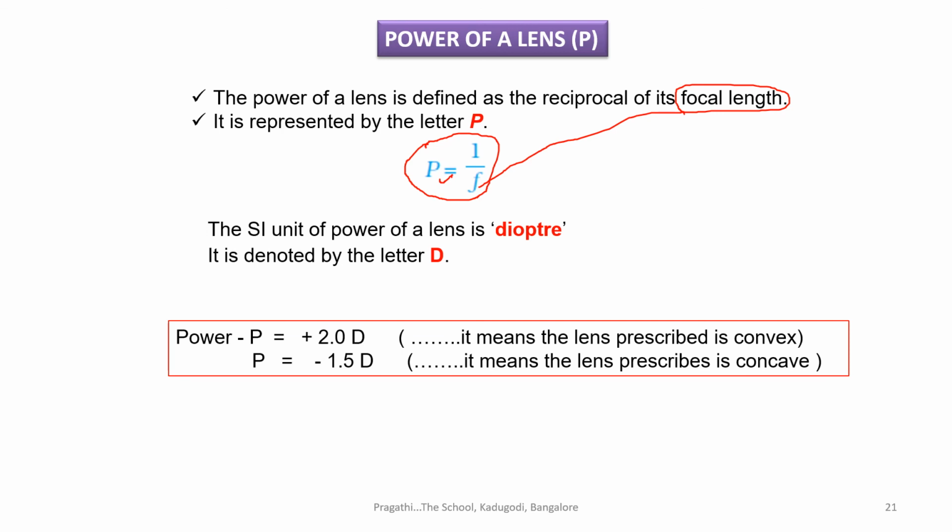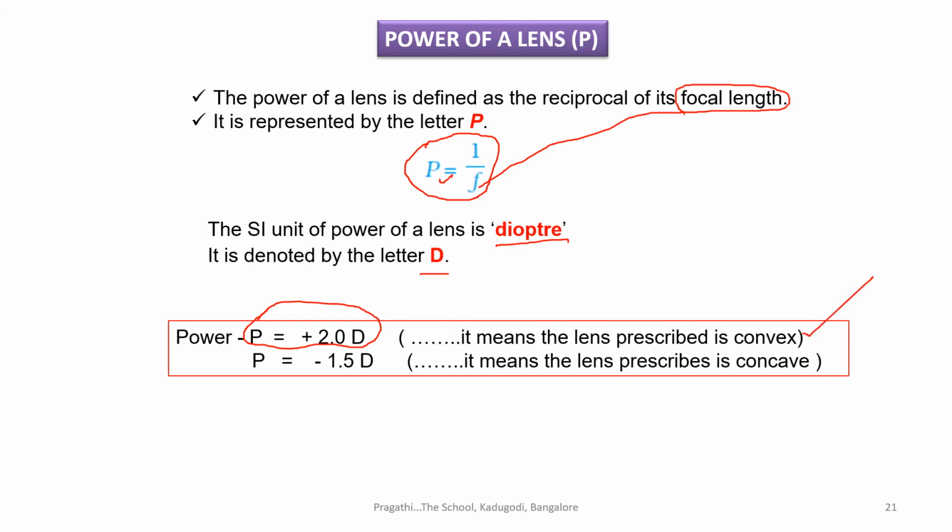And the SI unit of power of lens is diopter. It is denoted by the letter D, capital D. And if the doctor writes the power is equal to plus 2.0 D, that means plus 2D means the lens prescribed is convex lens.